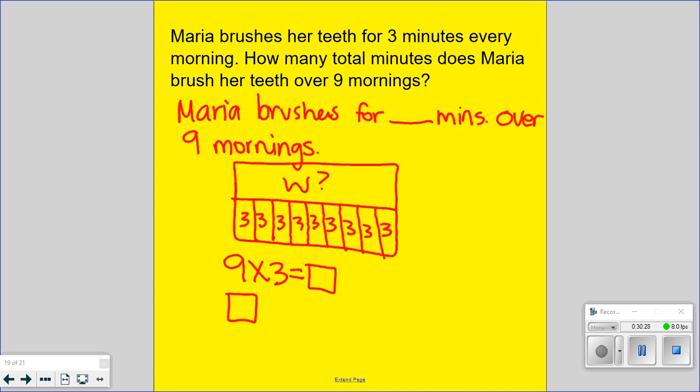My whole is mystery number shared into blank groups. How many groups? 9. We made 9. Shared into 9 groups means how many in each group? Macklin? 3.